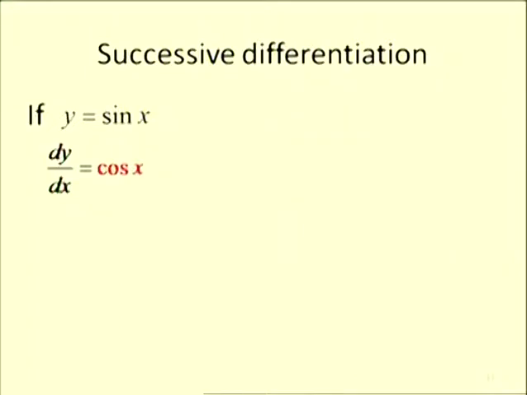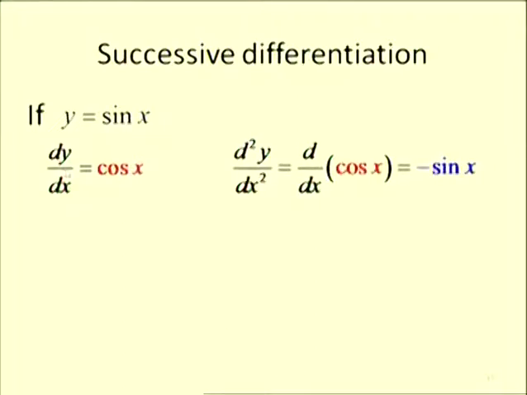So d2y by dx2 is d by dx of cos x. Cos x is the first order derivative, and that gives minus sin x. So minus sin x is the second order derivative of y is equal to sin x.